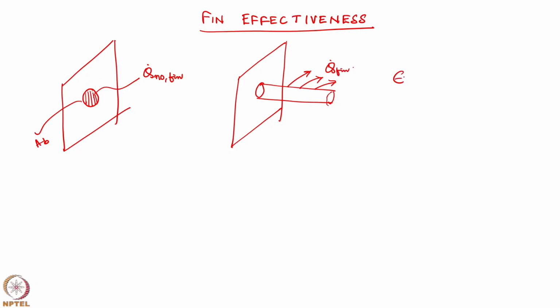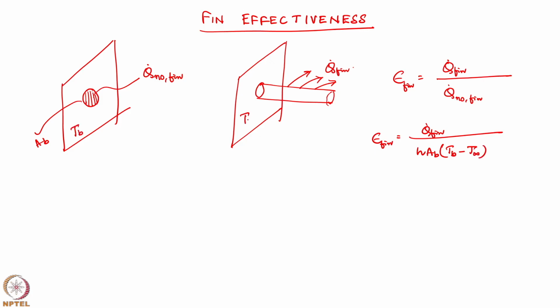So effectiveness of the fin is equal to Q dot fin divided by Q dot no fin. So effectiveness of the fin is equal to Q fin divided by h into area of the base into Tb minus T infinity, where Tb is the base temperature, T infinity is the fluid temperature.